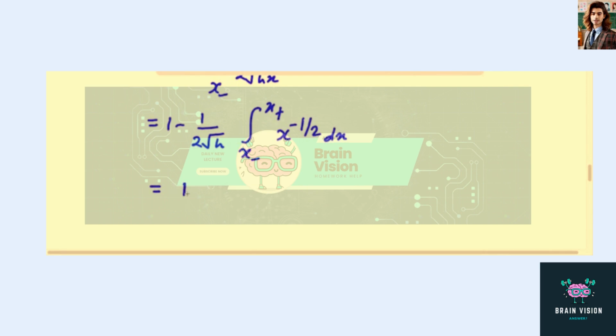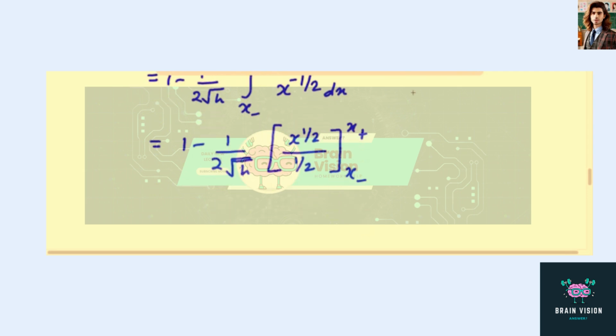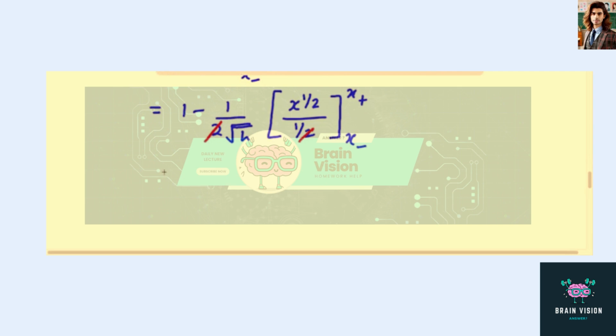The value of this integration is 1 minus 1 upon 2 square root of h, and this value will be x power 1 by 2 upon 1 by 2, with integration limits x minus to x plus. The 2 cancels, so it will be 1 minus 1 upon square root of h, times square root of x plus minus square root of x minus.